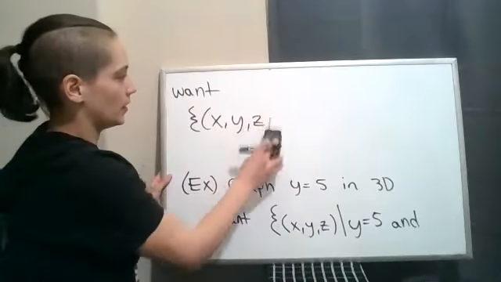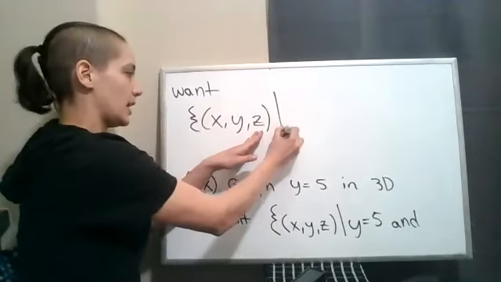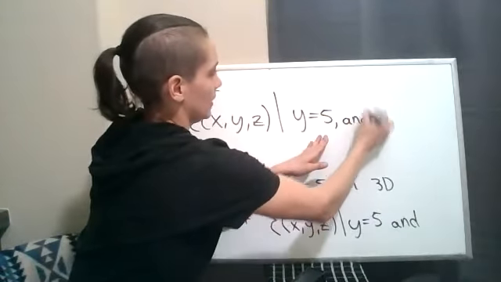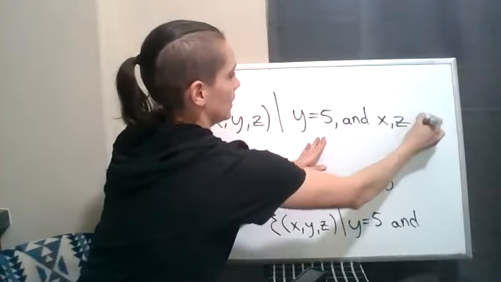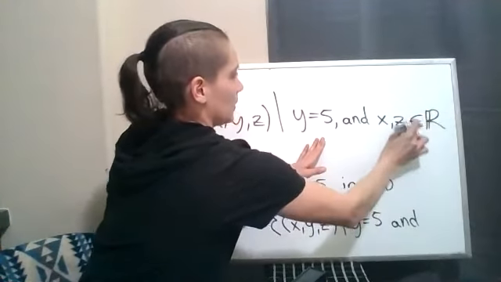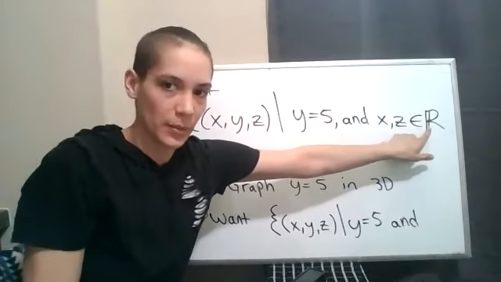These are points x, y, z such that y is 5. X and z are in the real numbers.